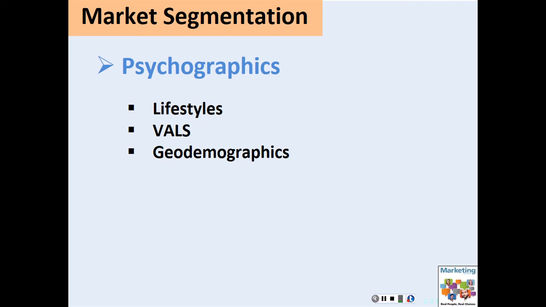Next one is the geodemographics. Geodemographics means your demographics and geographics combined. And part of the reason we use that is that there is a belief that people who live in a particular area are more similar than people who live in some other area.